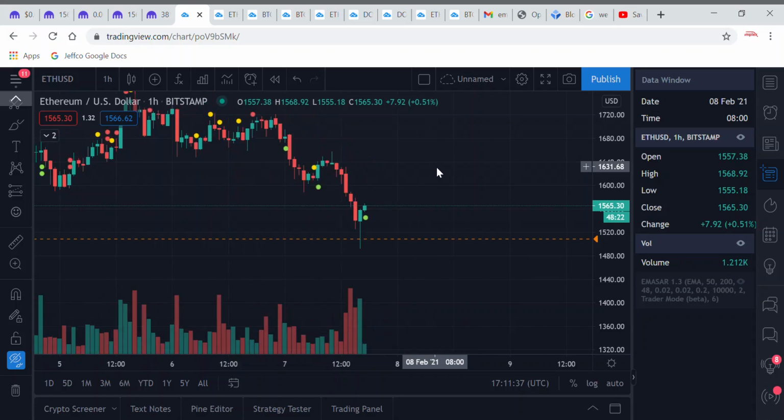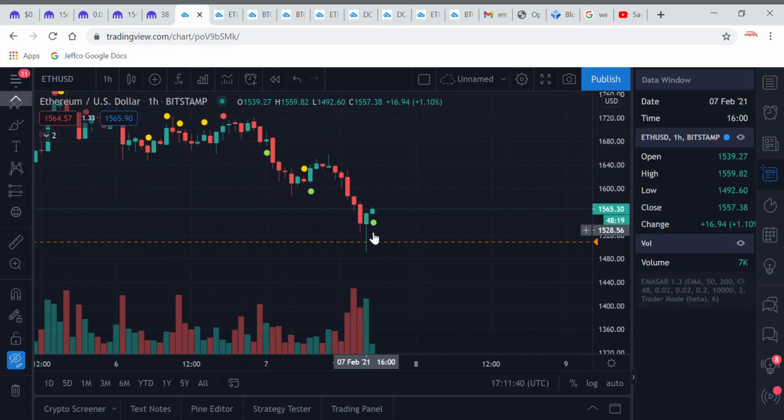So we use candlesticks to give us a little bit more feel.